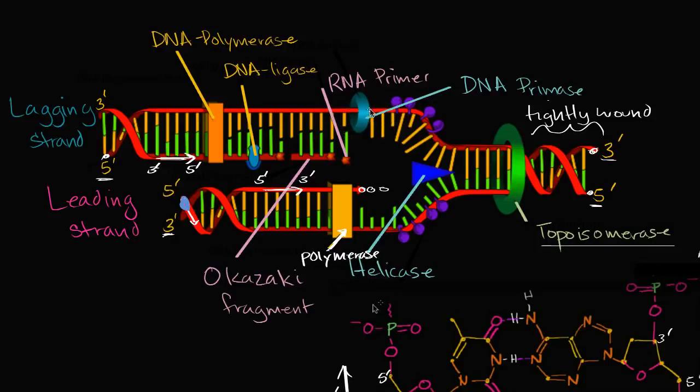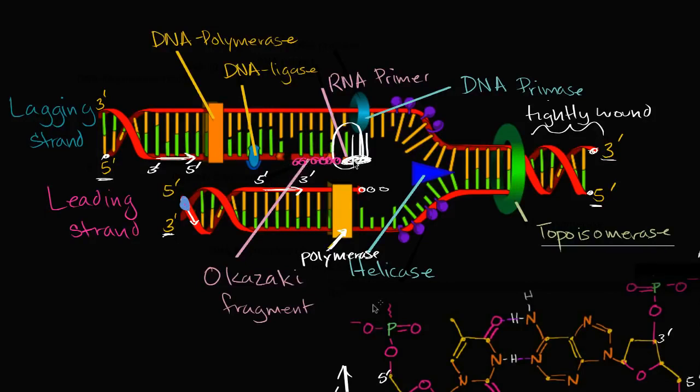So the DNA primase is going along the lagging, the top strand, adding the RNA primer, which won't be just one nucleotide, it tends to be several of them. And then once you have that RNA primer, then the polymerase can add in the 5' to 3' direction. It can add on the 3' end.